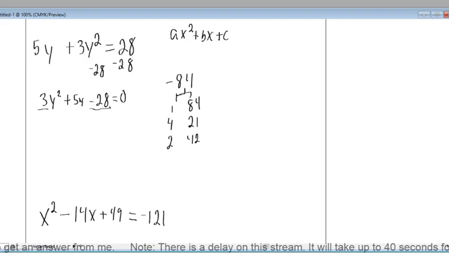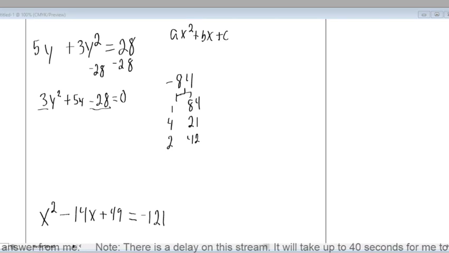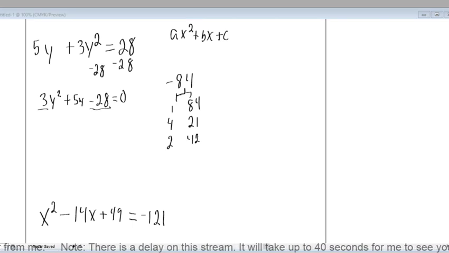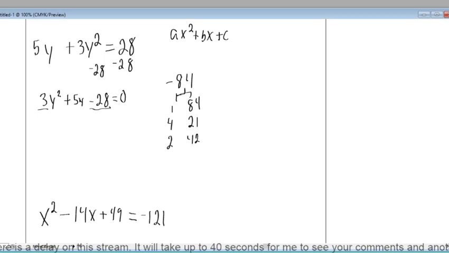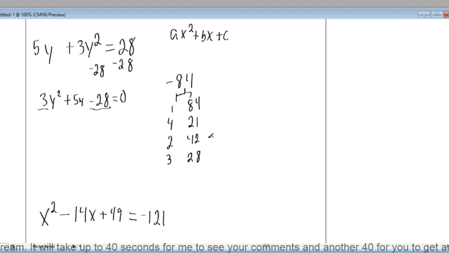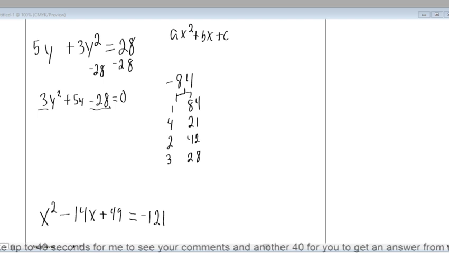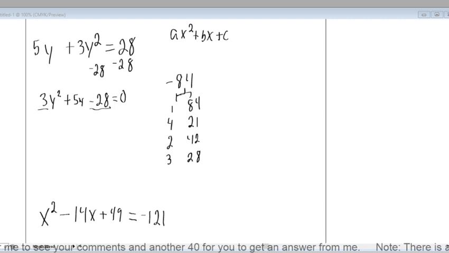Three. Whoops, lost my thing there. 3 and 28. Definitely need something bigger, though. 12 and 7 works.